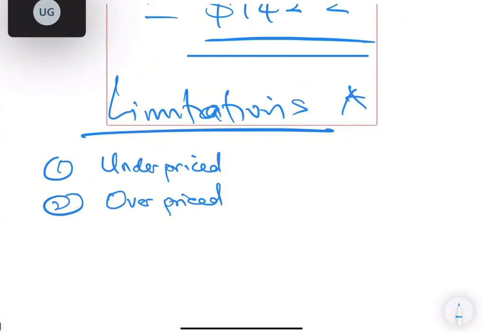Because if you are in the midst of Elon Musk, Donald Trump, and those big boys who have a lot of money, and you are just pricing your product because you are putting an extra margin or markup on your cost, you might miss out on a good price. There are people that love to buy expensive things. They will just buy it because it's expensive, not just because it's of quality or good value, but they are willing to pay so much because it sets them apart. They feel that perception of class, that they are buying something expensive. So if you are using cost plus, you might be underpricing.